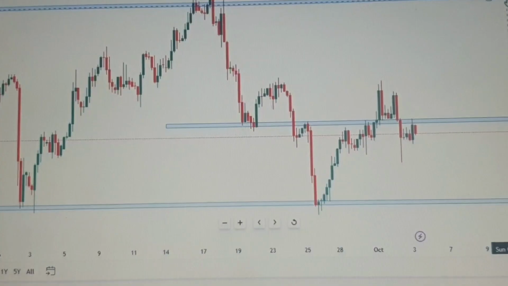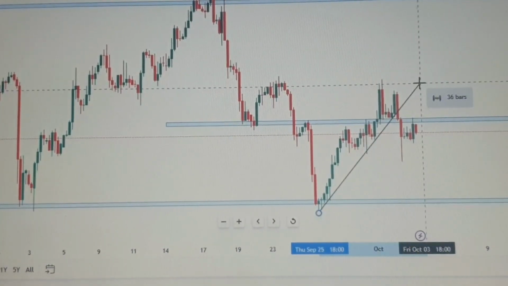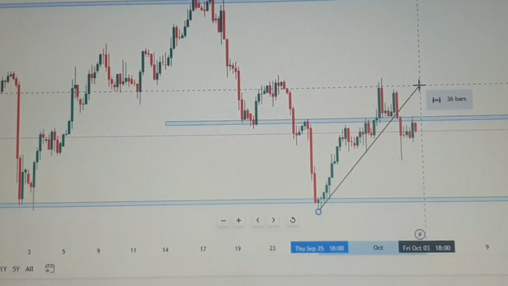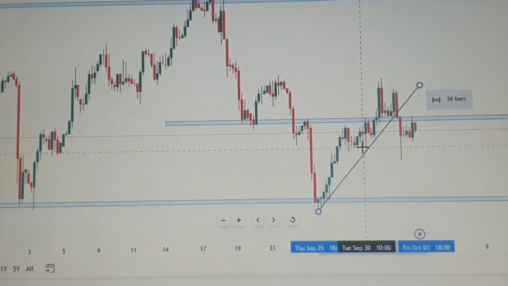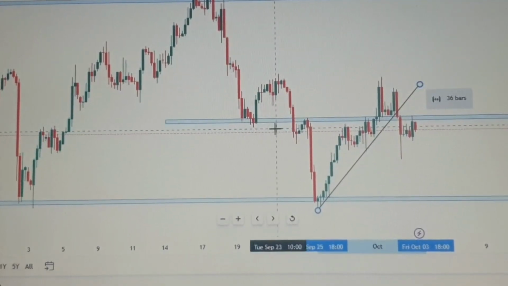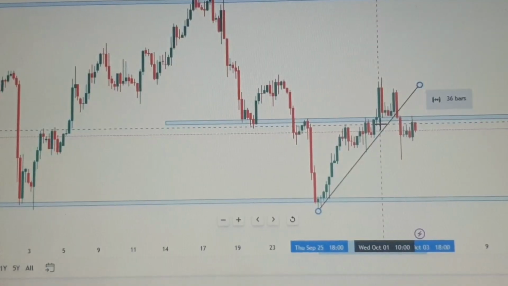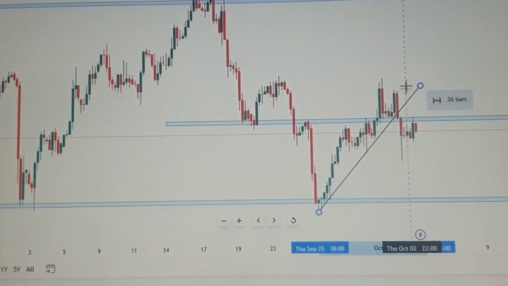Now let's look deeply at this. This area is also very important to me because I am seeing that price respected here and kept respecting this till it got here. Even when it broke out of this, went up, and retested it, instead of continuing to push higher, what happened?